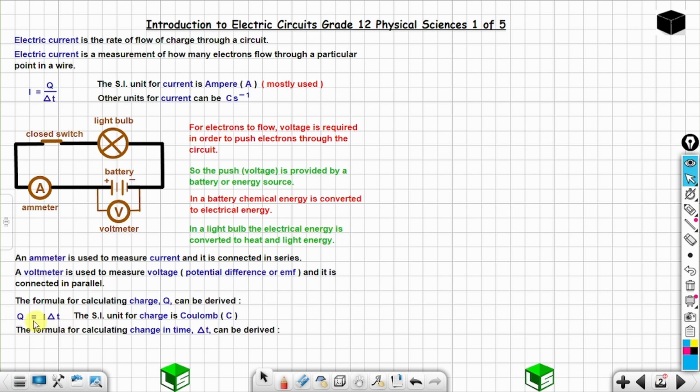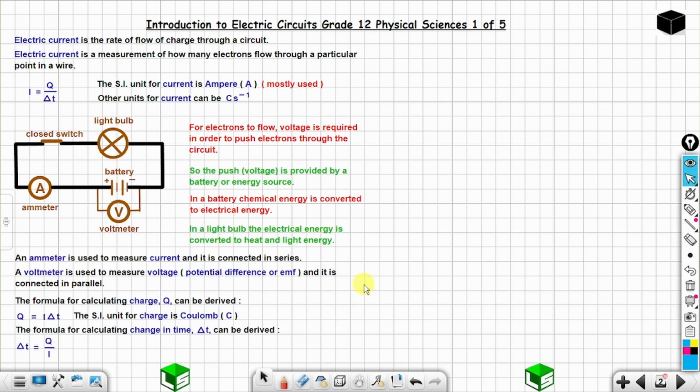When you divide by current on the right side, you are left with change in time, and when you divide by current on the left side, you have the charge over the current. The SI unit used is second.